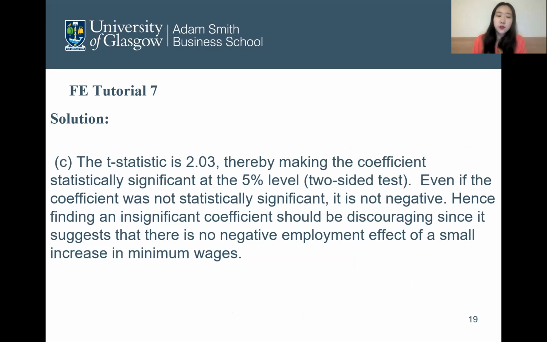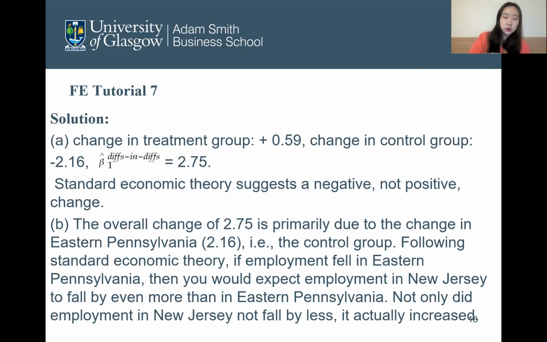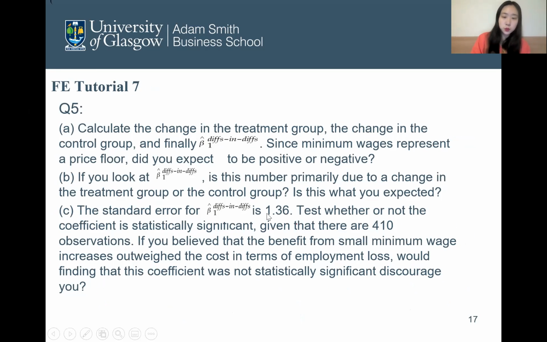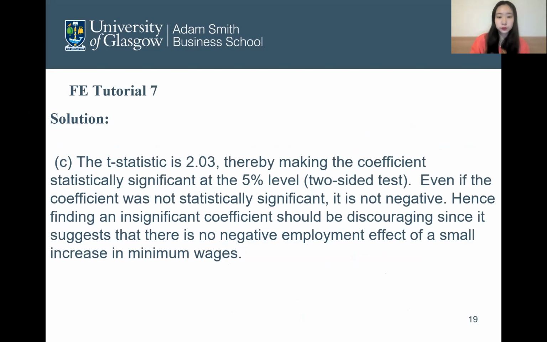For question C, you can see here the error term is 1.36. And do you remember how to calculate the t statistic? Use the coefficient divided by its error. So the t statistic is 2.03, thereby making the coefficient statistically significant at the 5% level for a two-sided test.